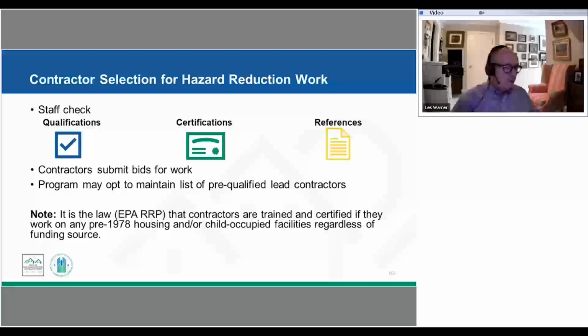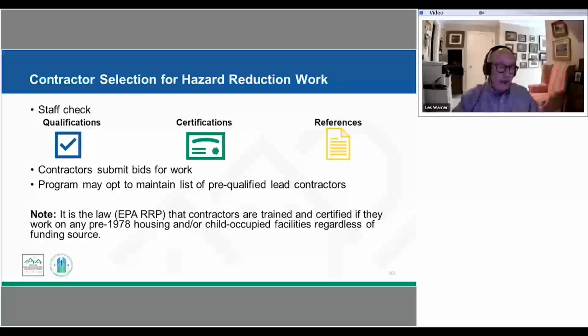If you're doing an RFP, RFQ, or procurement on this, you're going to specify the standard of certification that would need to be in place, and that would be part of the submitted bid packets and part of your review in determining who is a responsive and responsible bidder to be awarded this work.